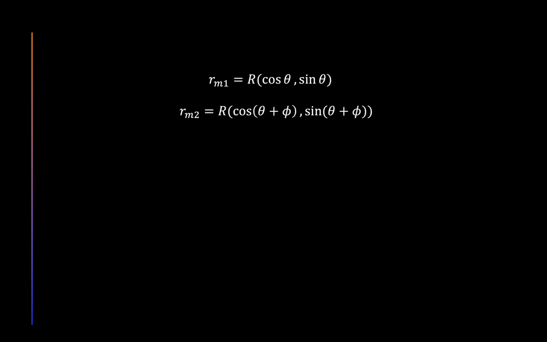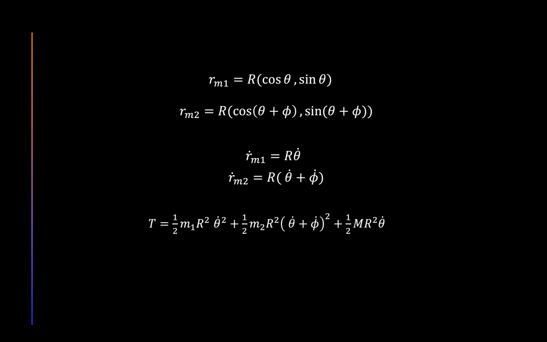The velocity in general is going to be described by the derivative of these, but using intuitions from polar coordinates, we can make a simpler definition since we know that r is not changing with time. The only thing that matters is the angular velocity, and we get this and this for RM1 and RM2 respectively. So in Lagrangian mechanics, all we need to find are the total kinetic energy and the total potential energy, which are as follows.